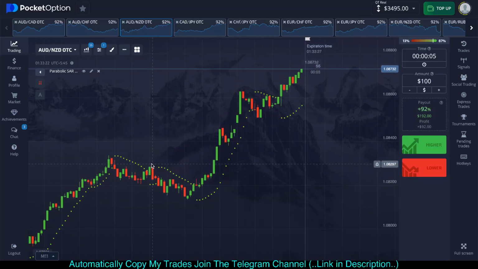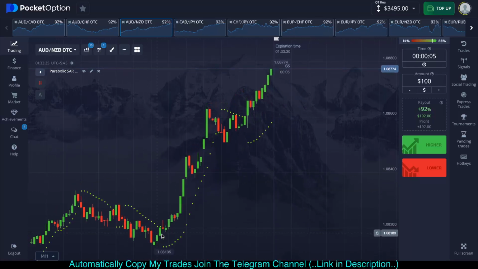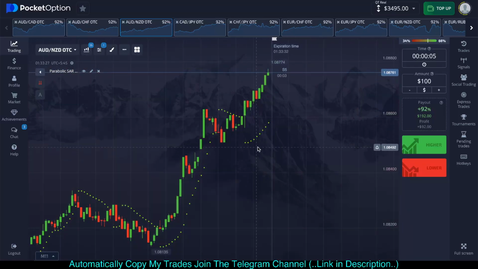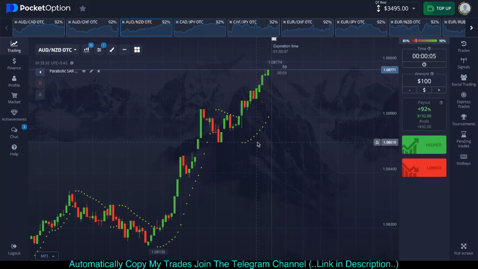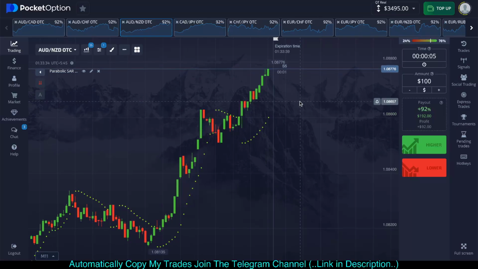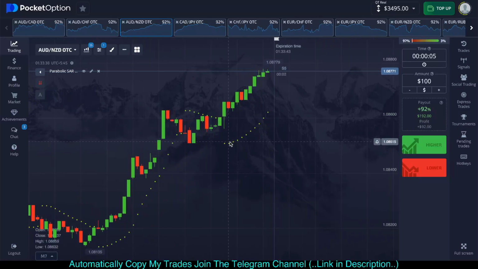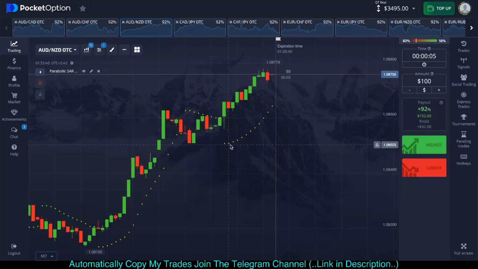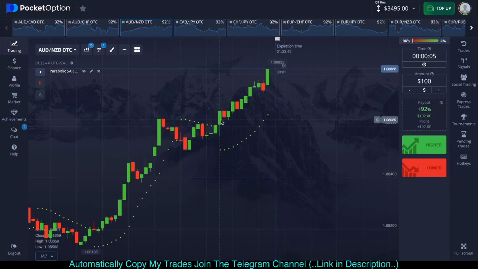As you can see, whenever these parabolic dots are forming above the candles, that means it's a downtrend, and whenever the parabolic SAR is forming below these candles, then it is an uptrend. Just remember that. And we will make a trade only when the second dot is forming, or the second dot swaps. Whenever the second dot swaps, we make a trade in the same direction.